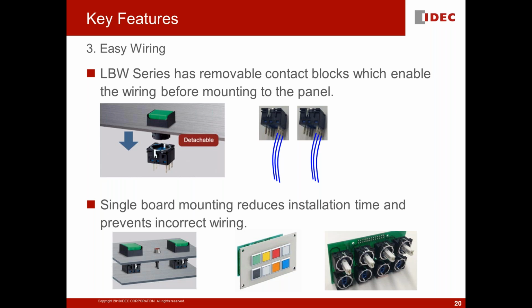You can do it beforehand. Then you just install the harness with the contact blocks attached and attach them back to the operator. Again, we try to provide this feature as a way to reduce wiring effort and wiring labor.